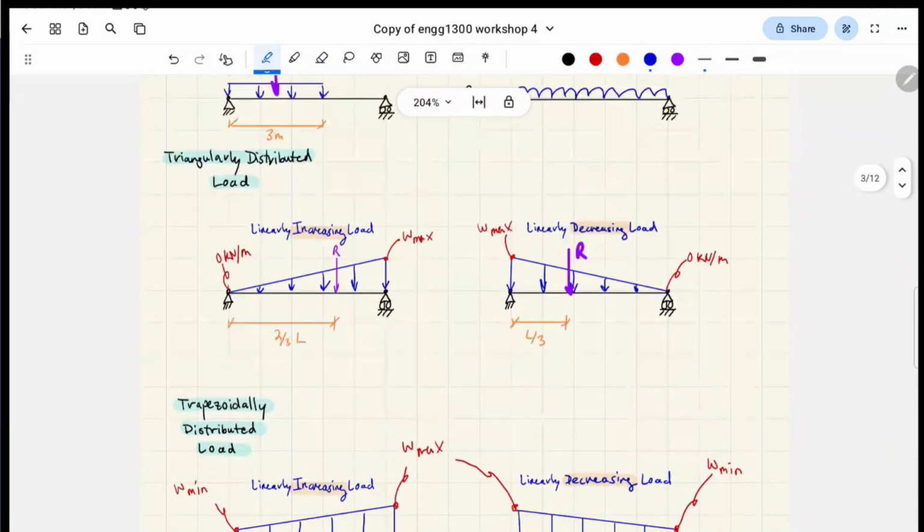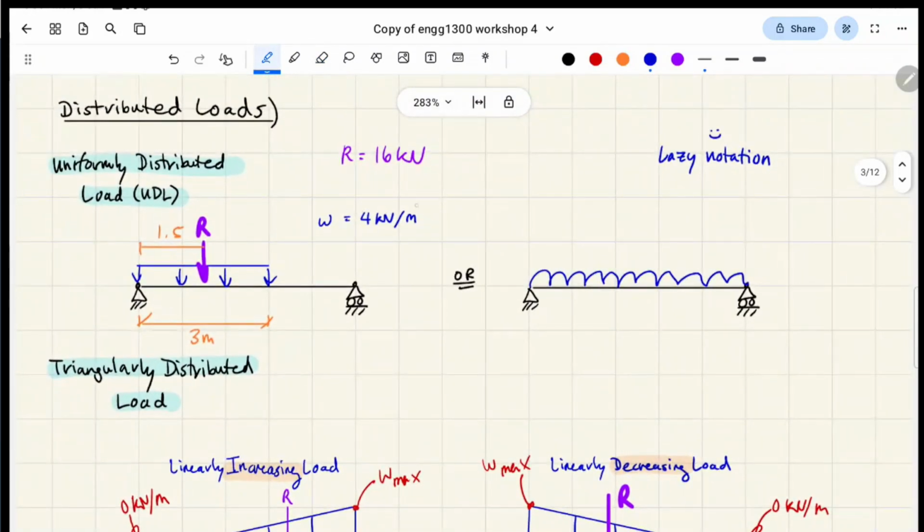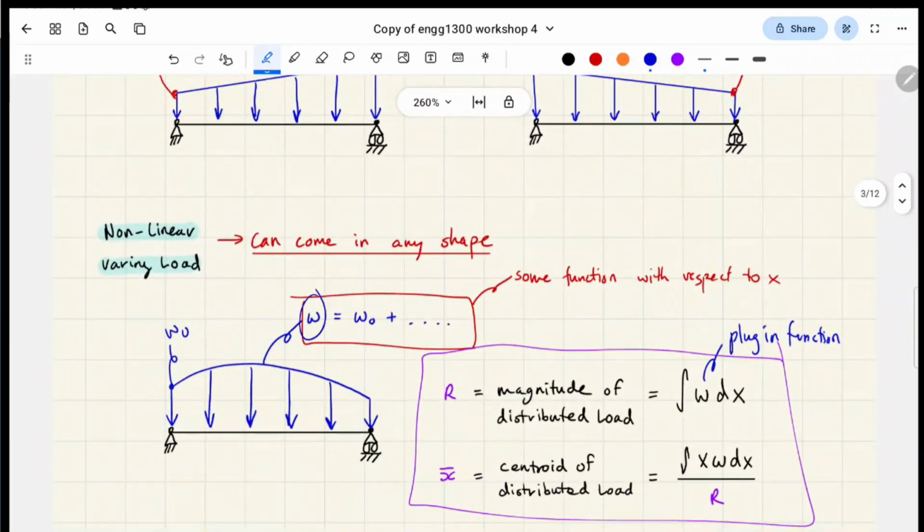So for all of these examples where I'm talking about distributed loads, I'd be using W. But if you're talking about this part here, W is a function with respect to x. It's almost like you're graphing y equals mx plus b for a straight line. That's how it plugs in. W is the equivalent of y, the up-down function, on this free body diagram.